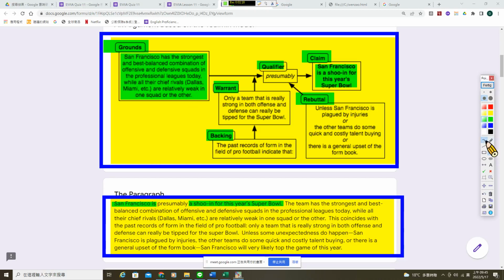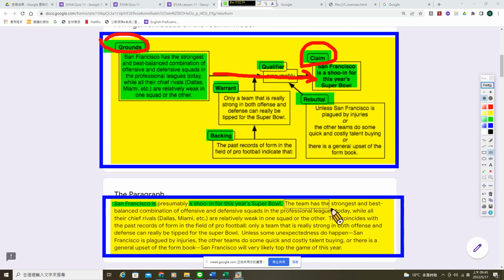So you can see there's a logical link between this one and this one. Do you see this one? This grounds is used to support your claim. So let's see in the paragraph. The paragraph is very obvious.